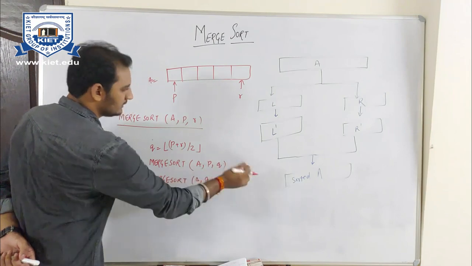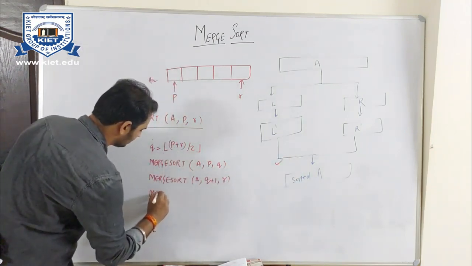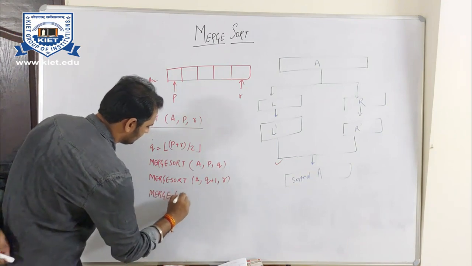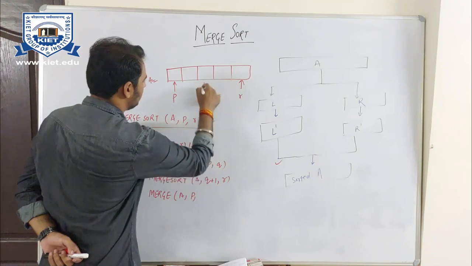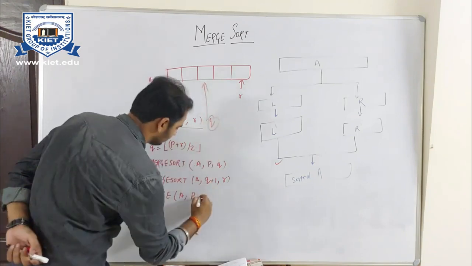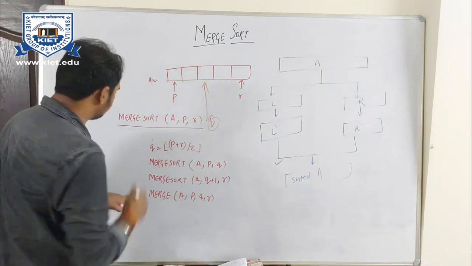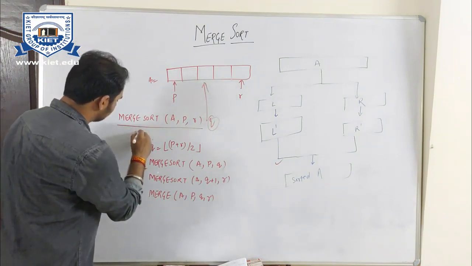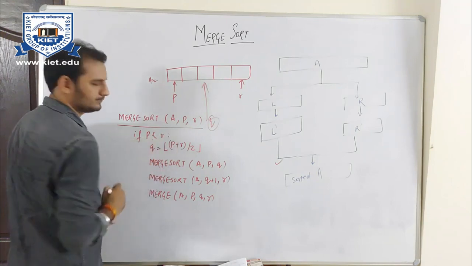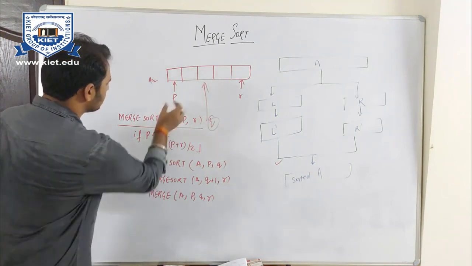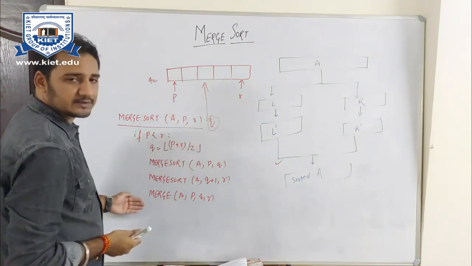After calling this procedure, we have to merge these sorted arrays. So we will call the procedure merge for A, P, the mid index Q, and R. This process will be repeated while P is less than R, that is, till the starting index is less than the last index, we will repeat this process.